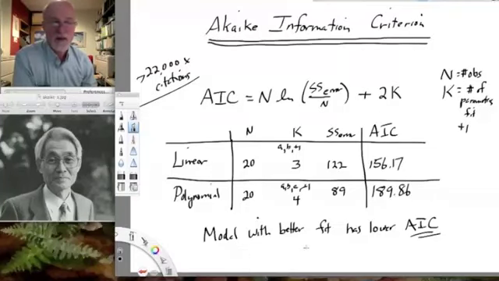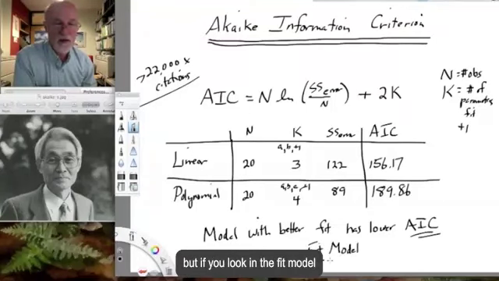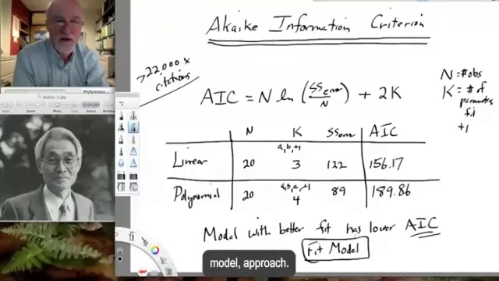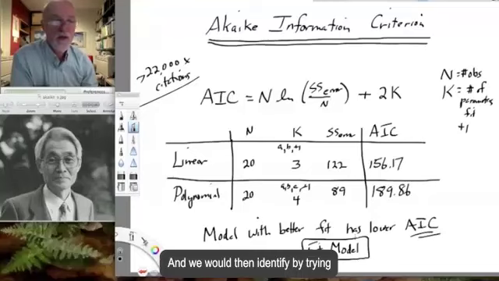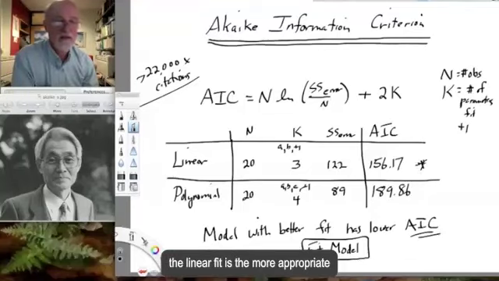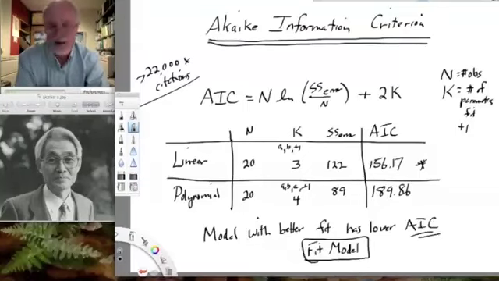In JMP, it's kind of hidden in the Fit Model platform, so you won't find it, I don't believe, in Fit Y by X. But if you do the fitting under Fit Model using our general linear model approach, you'll see under one of the tabs it has an AIC value. We would then identify by trying these two fits that the linear fit is the more appropriate fit in terms of containing information and not overfitting our data.